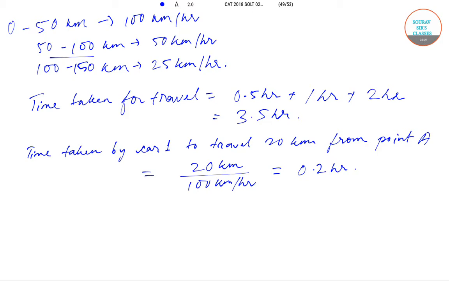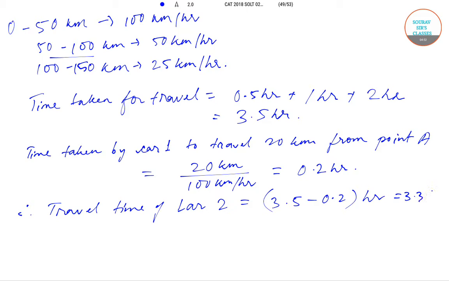Therefore, when car 1 reaches point B, car 2 would have traveled for 3.5 minus 0.2 hours, which is 3.3 hours.